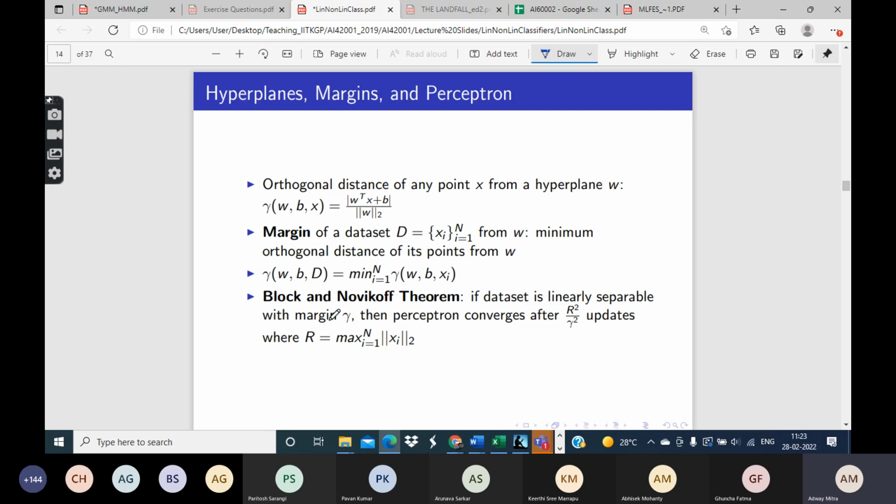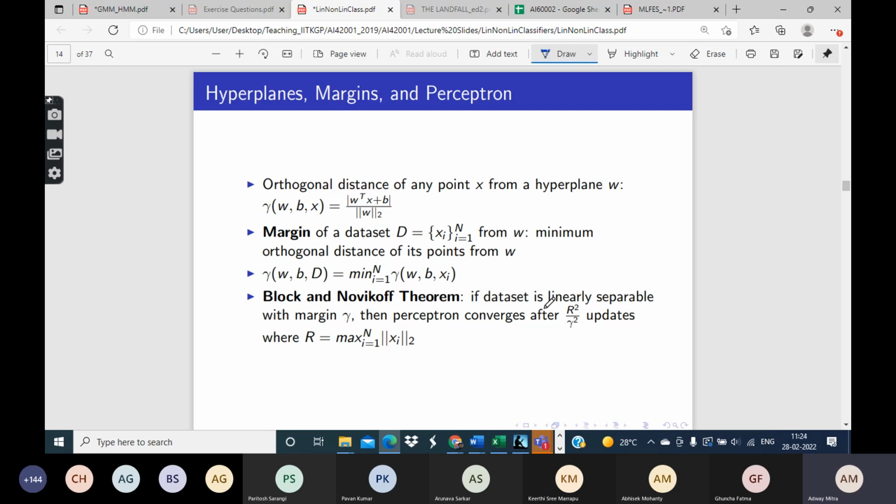That is the Block and Novikoff theorem, which gives you the guarantee of convergence of this perceptron algorithm. It also tells you after how many steps it's going to converge.